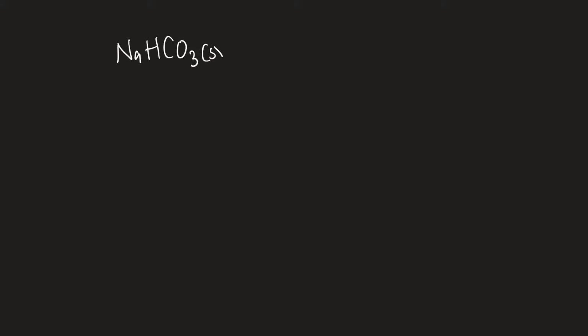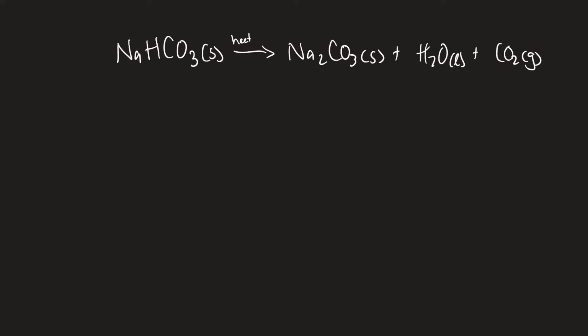It's a solid, and it breaks down by heat. So heat it up, it breaks down, becomes sodium carbonate, solid, and you get liquid water plus some gas, CO2 gas. Now what we want to do is balance this.